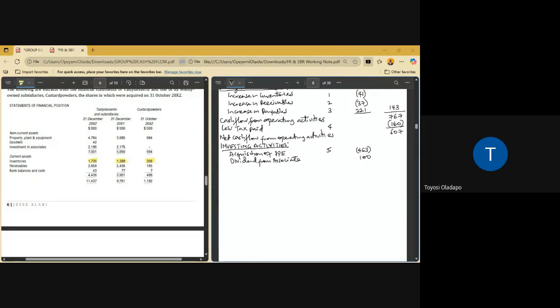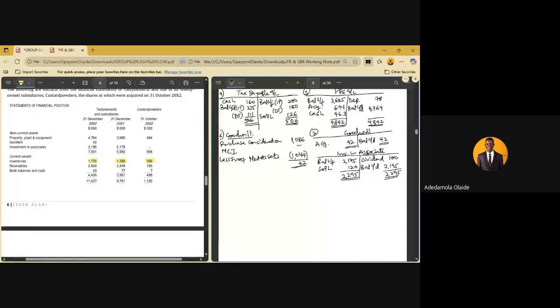The money we used to buy the subsidiary, we need to calculate the net cash acquired. That will be note 9. Net cash acquired from the subsidiary.